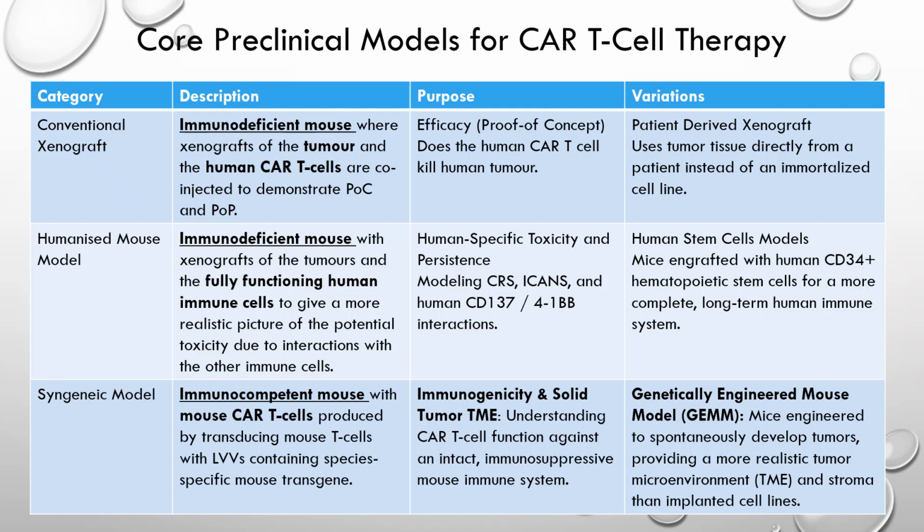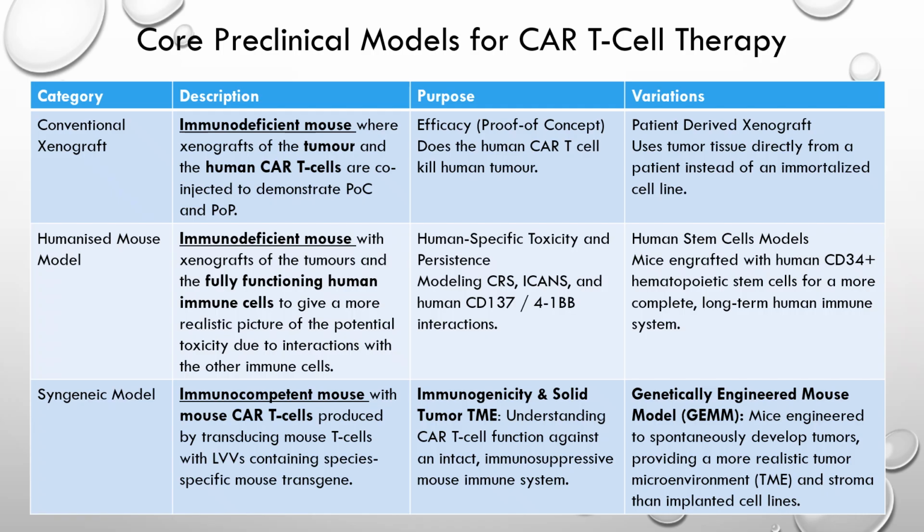And a variation on that is that you can use human stem cells to engraft mice with human CD34 plus hematopoietic stem cells for a more complete long-term human immune system. So the humanized mouse model is a good model.